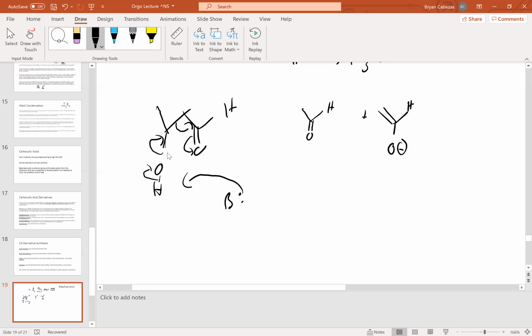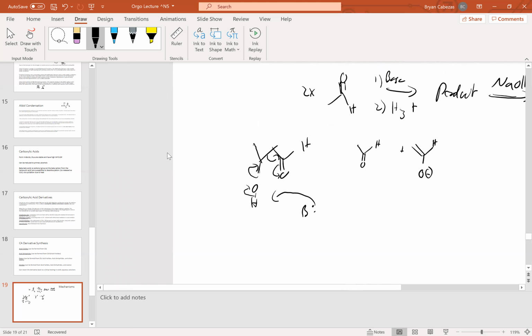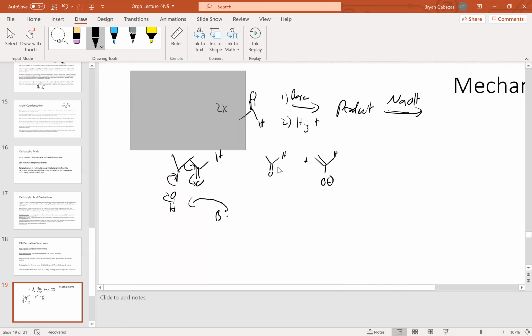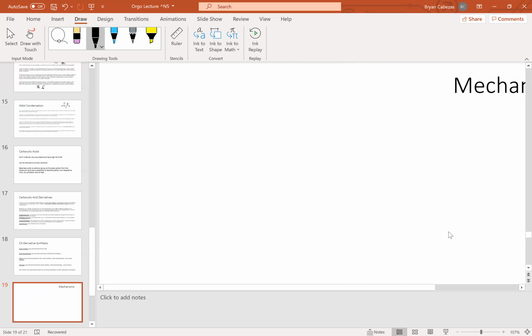Okay. So now let's talk about the last step for our aldol reaction. So I'm going to erase this now. So the final step for our aldol reactions is if we have an elimination, right?